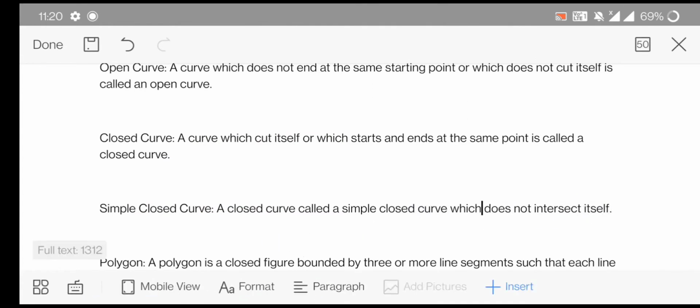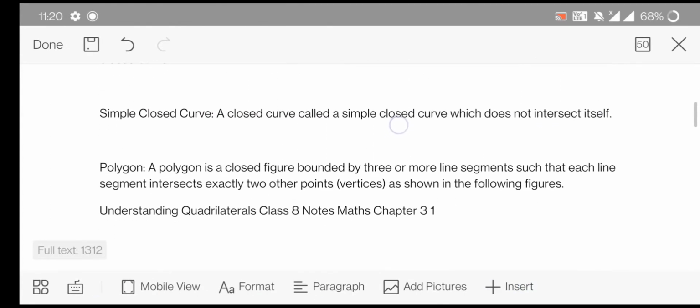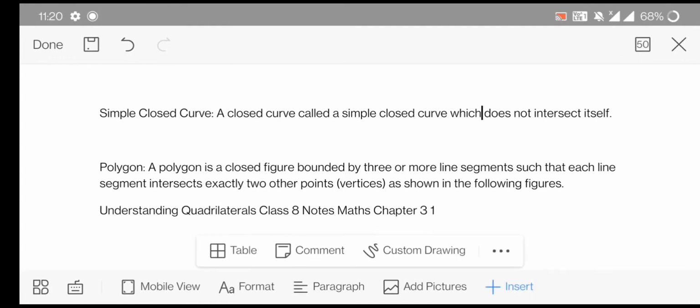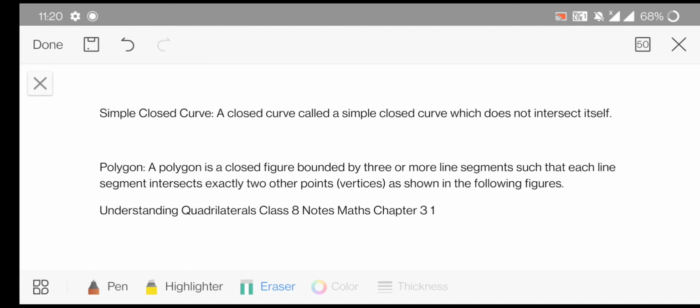Okay. Then after, the next is polygon. Polygon is very important. What do you mean by the polygon? So polygon means it is a closed shape, and made up of only and only line segments. Means made up of only and only straight lines. And it must be closed.